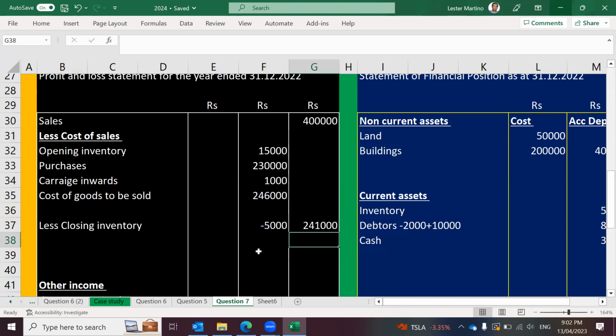To 41. So the difference between cost of sales and the sales value we call gross profit.